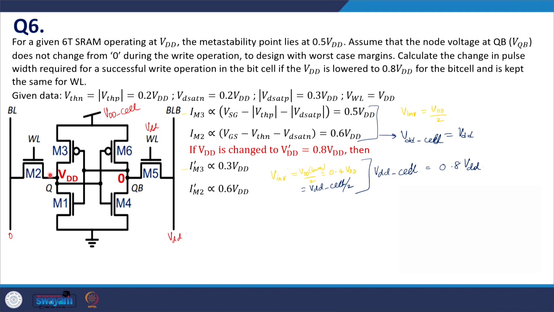This is again in subthreshold saturation because this is at 0.8 VDD and this is 0. So, the current comes out to be proportional to this. Now, you can observe that the rate of discharge of node Q would be the difference between IM2 and IM3, because IM2 discharges this node and IM3 charges node Q.